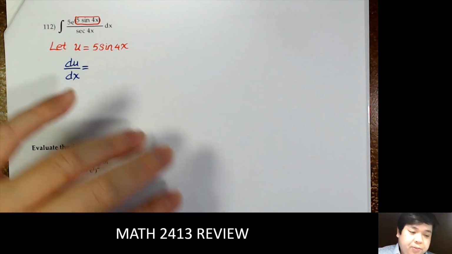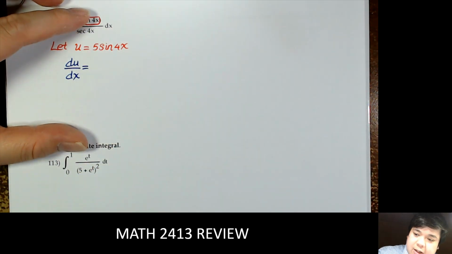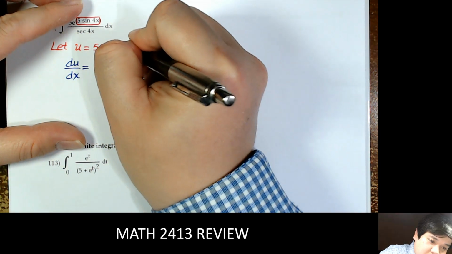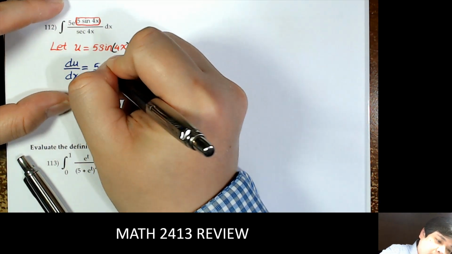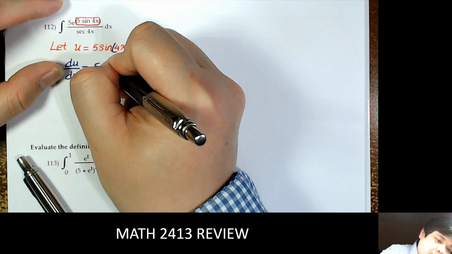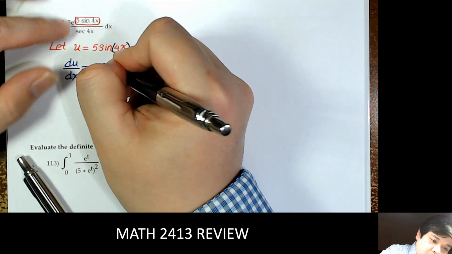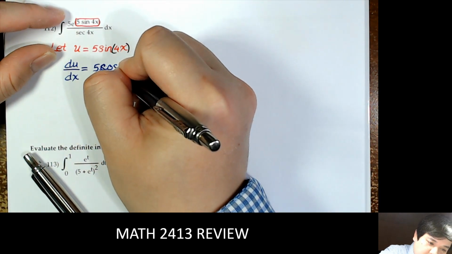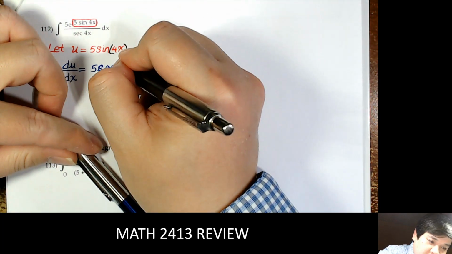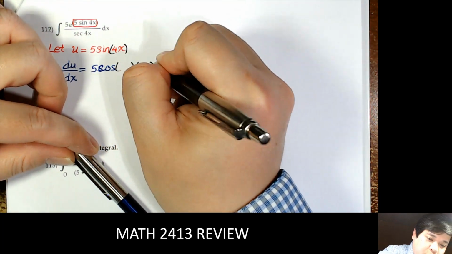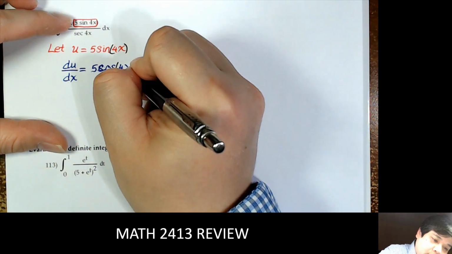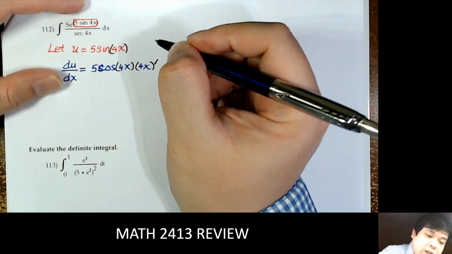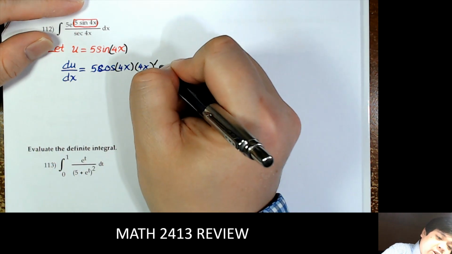Derivative of this, we use the chain rule here. 5, derivative of sine is cosine of the parentheses, times the derivative of the parentheses. Right, derivative of sine is cosine. That is derivative, not integral.